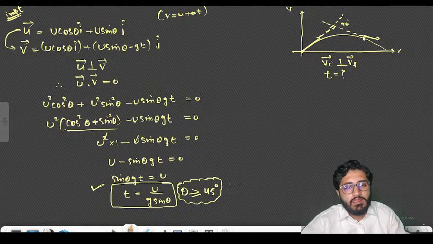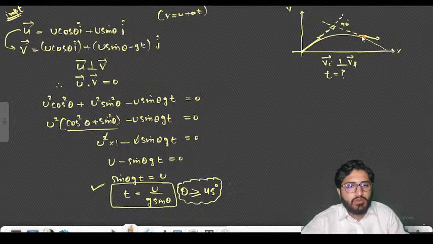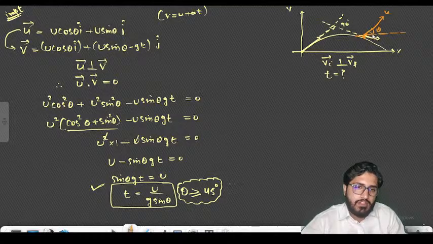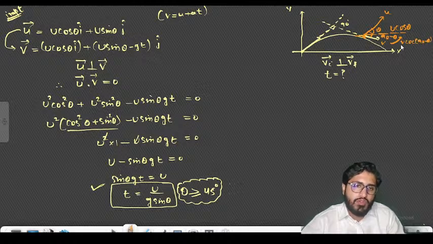Look now, this particular point. I will take it here. This is my initial velocity u with angle theta. These are perpendicular, so this will become 90 minus theta. This is v. So this is u cos theta, and this will be v cos 90 minus theta. Both are equal, right?